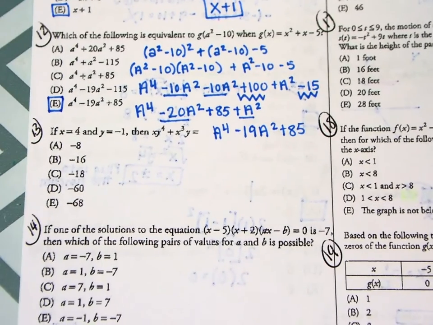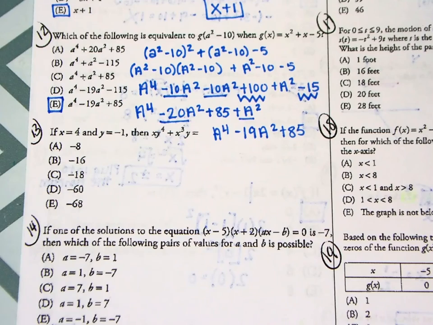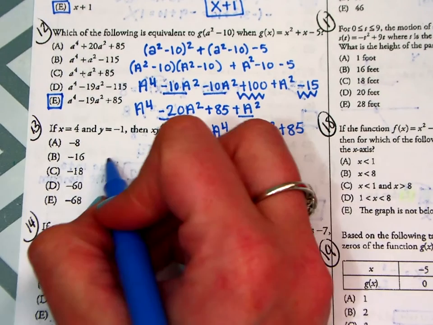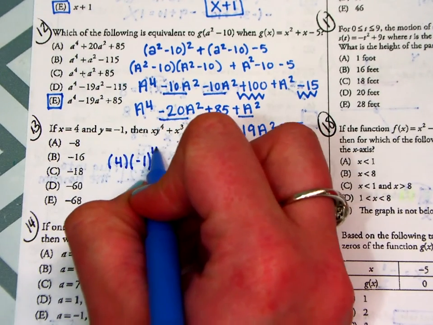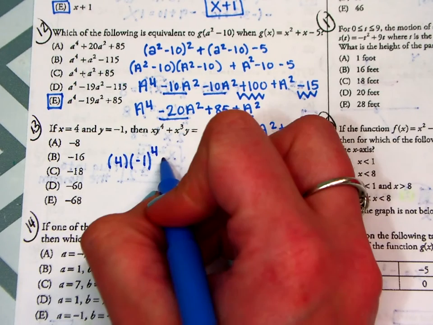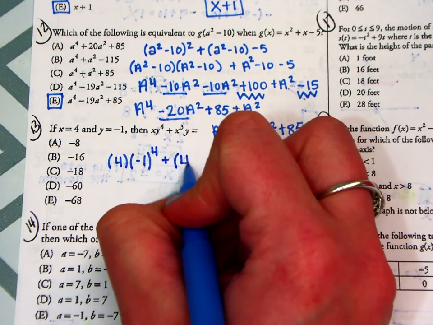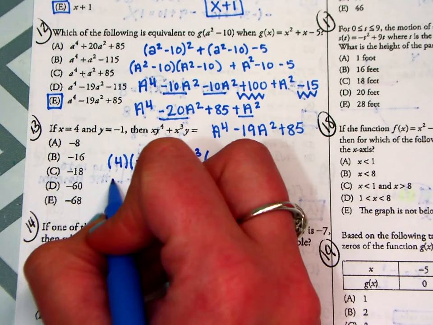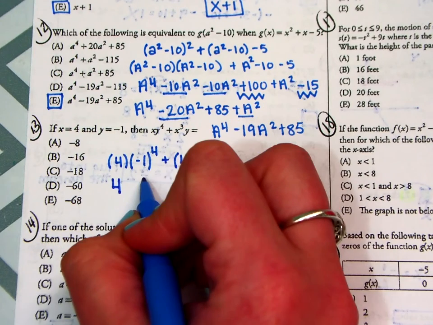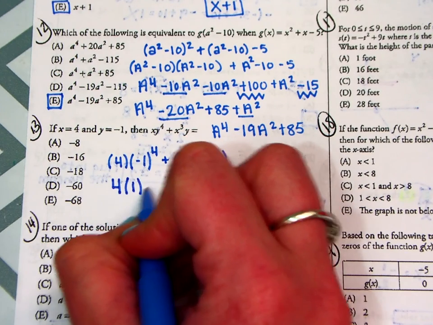Okay, number 13. X equals 4 and y equals negative 1. Let's solve. So x is 4, so this becomes 4 raised to the negative 1, or times the negative 1 raised to the 4th, plus 4 to the 3rd times negative 1. So 4 comes down. Negative 1 raised to the 4th is just a positive 1.